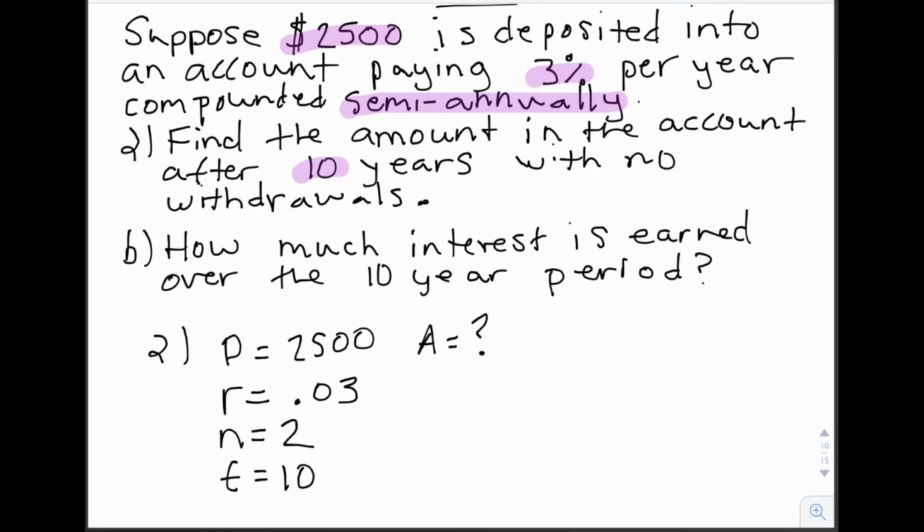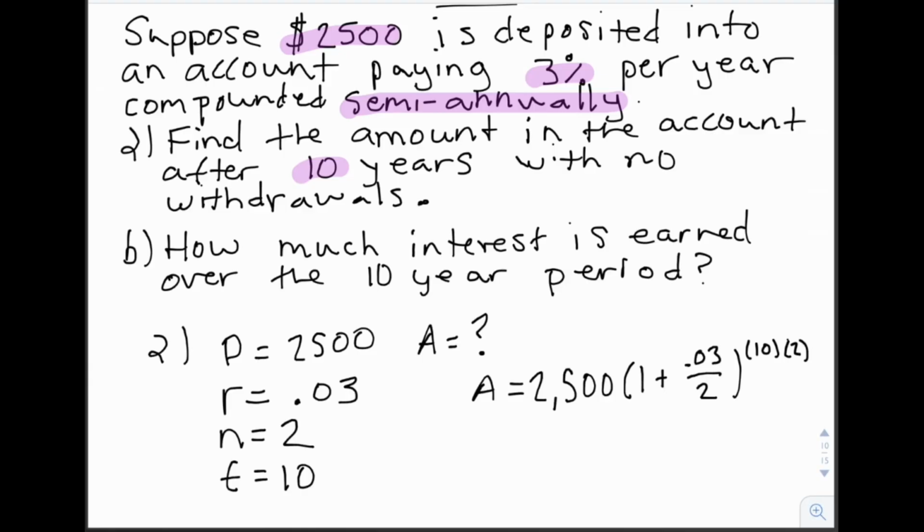So all we need to do is go ahead and plug this information into our formula to figure out what our A is going to be. So A is going to be equal to 2,500 times 1 plus r divided by n, so 0.03 divided by our n, which was 2, raised to n times t, so that's going to give us 10 times 2.